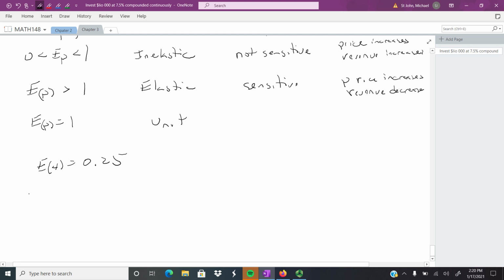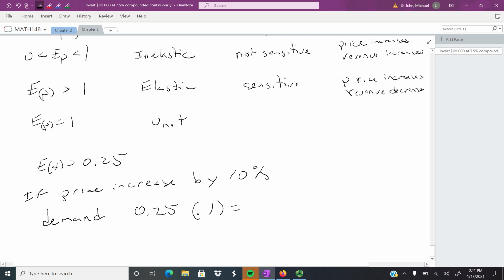So what would happen if the price were to increase by 10%? Then the demand will be given by 0.25 times 10%, which is 0.1. And so this will become 0.025.